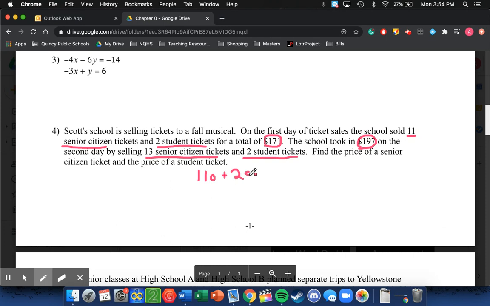I can't do S for both senior citizen and student, is equal to $171. And then 13 elderly tickets and the same number of student tickets costs $197.